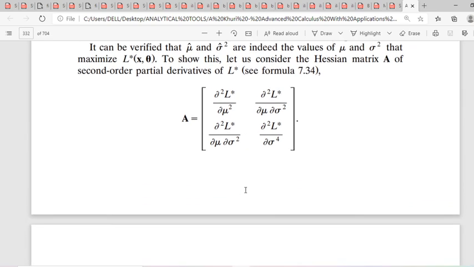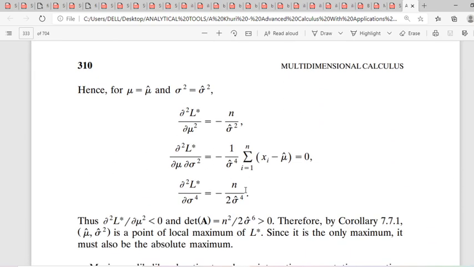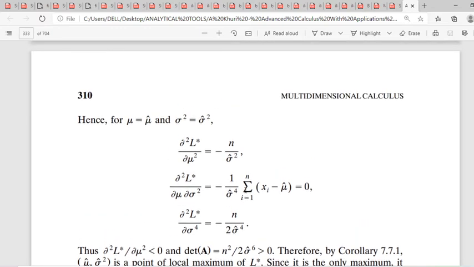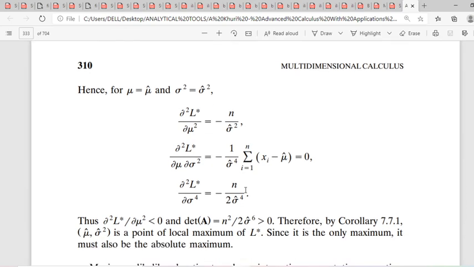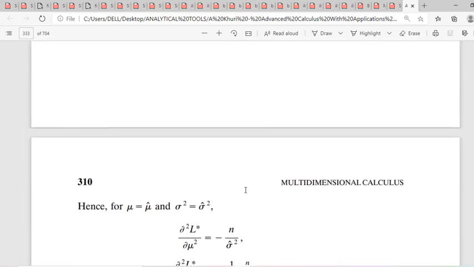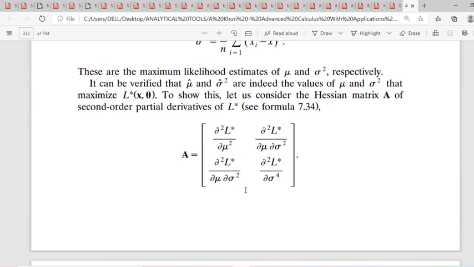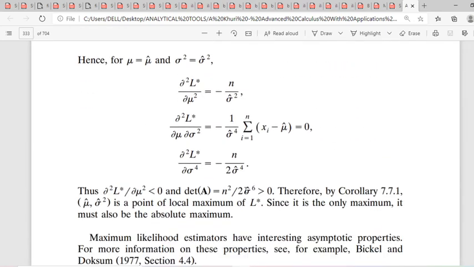This is the Hessian matrix, and you can find out whether this is a maximum or minimum. You have identified two points, mu cap and sigma cap squared. You can use this Hessian matrix for finding whether this is a maximum or minimum.